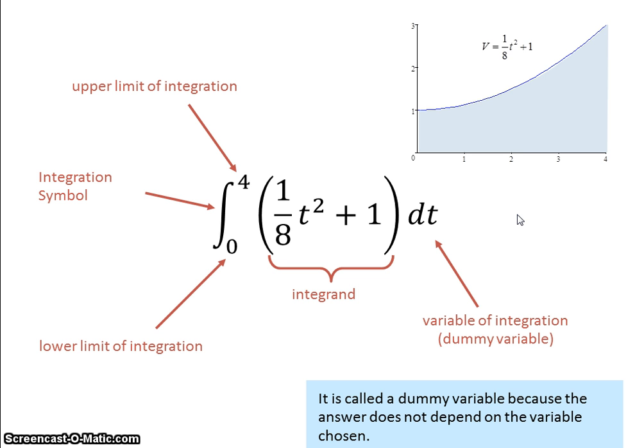This is called a dummy variable because the answer does not depend upon the variable chosen. So I'm not really paying attention to this dt here. I'm looking at the integrand, which is the equation of the curve, and I'm going to be doing anti-differentiation. If you remember, anti-differentiation is just the opposite of differentiation. We're going to be increasing the power of the t by 1.